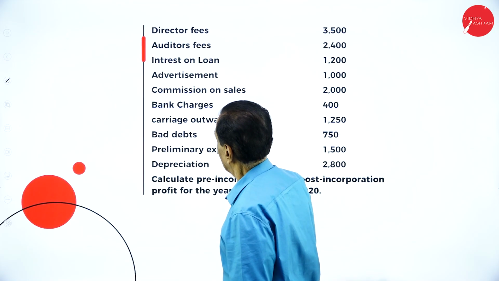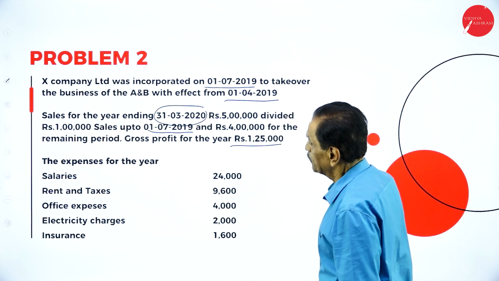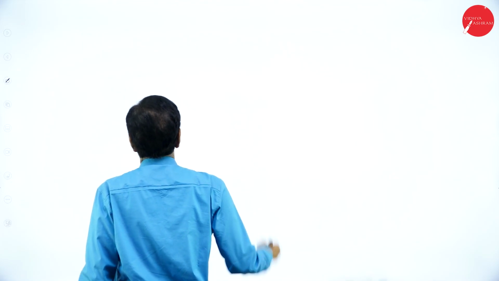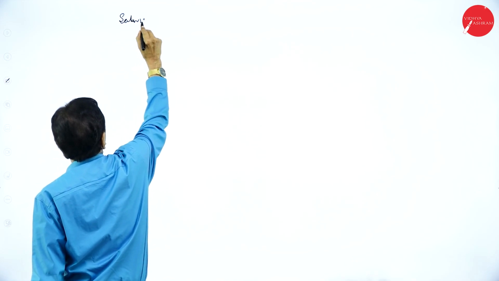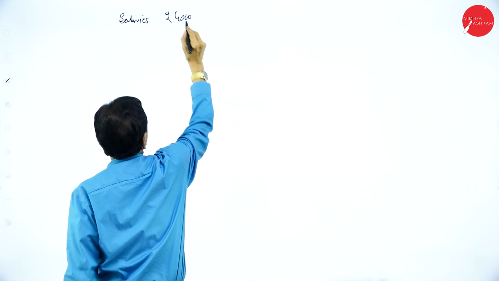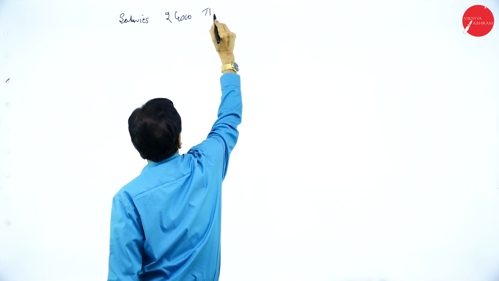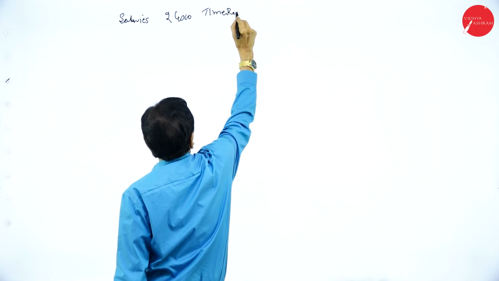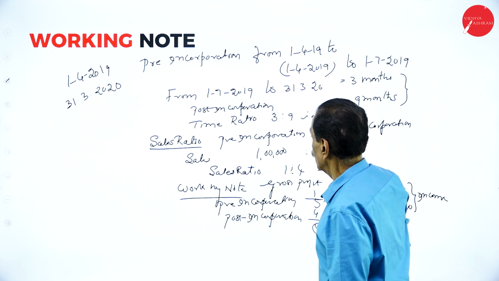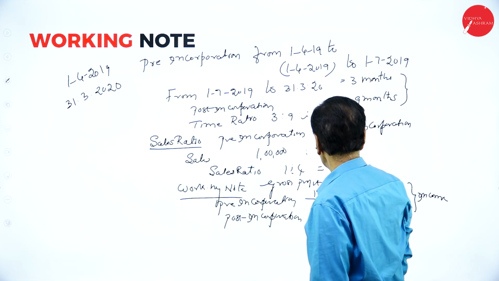What is the first expenditure? Salaries, 24,000. The time ratio is 1:3.